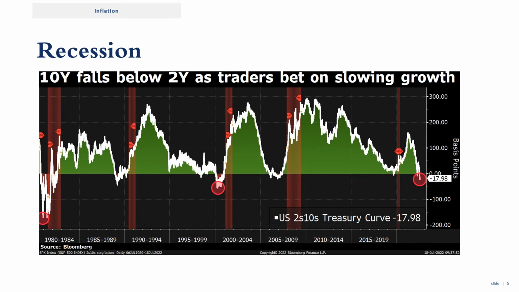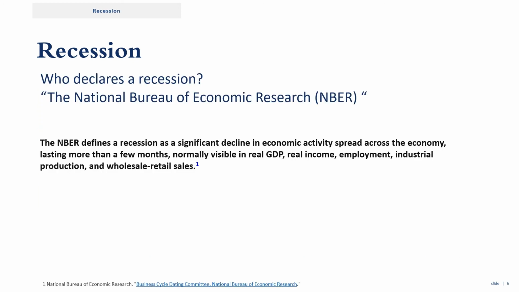You can see here the red lines are the recession periods, and these circles are when the inversion has happened between the 2-year and the 10-year. So this might be a signal that the recession is here or about to come. Again, this is just one measure of a recession. We've presented this slide before. What is a recession? Who declares a recession?